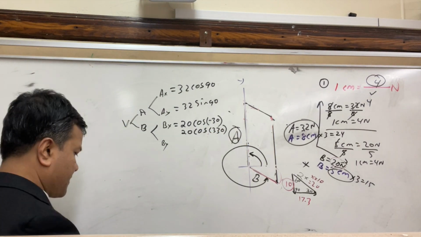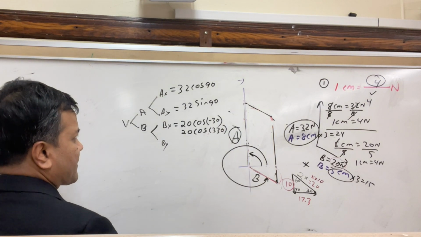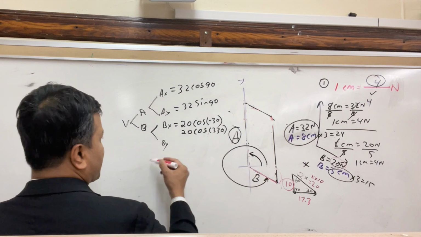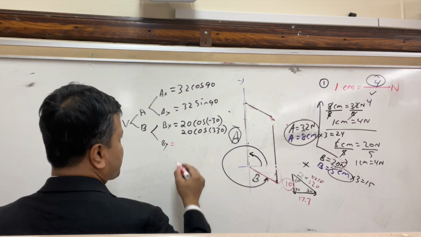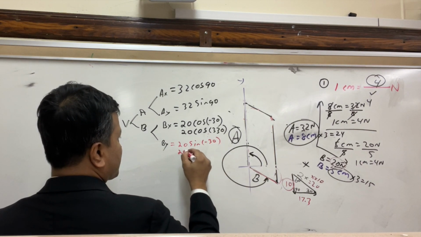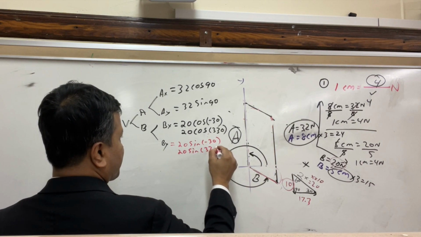They are the same thing. Now By, you write 20 sine negative 30 or 20 sine 330.